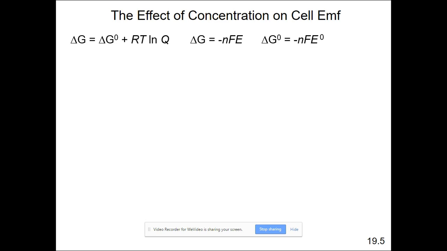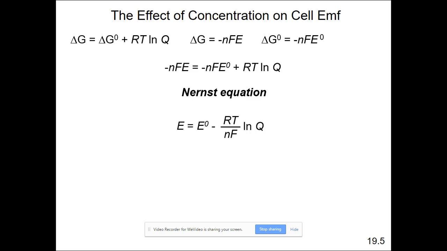So if I take delta G and replace it with negative nFE, and delta G naught and replace it with negative nFE naught, I would get an equation that looks like this. If I solve this equation for E, I get another equation which is called the Nernst equation.